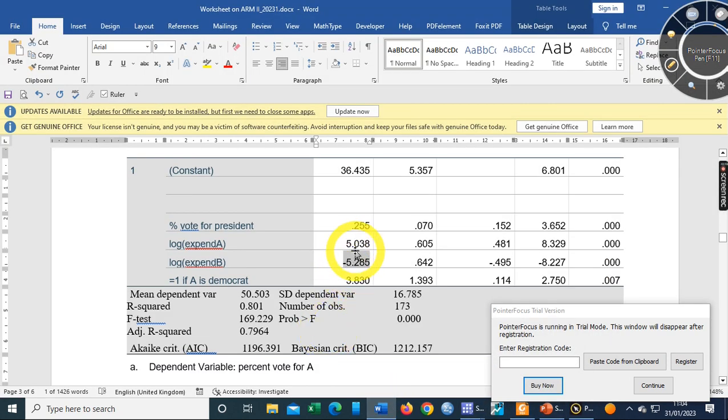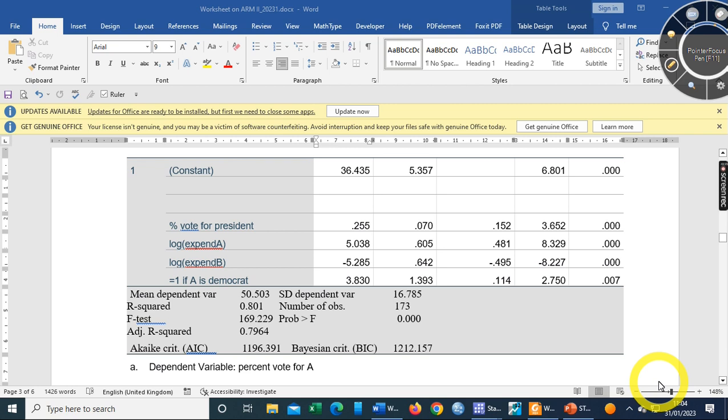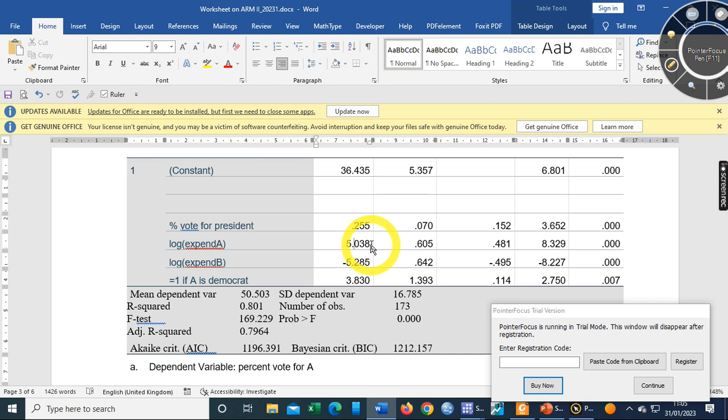So when we interpret this: when expenditure made by Party A increases by 1%, vote for A increases by 0.05% on average, keeping other things constant.